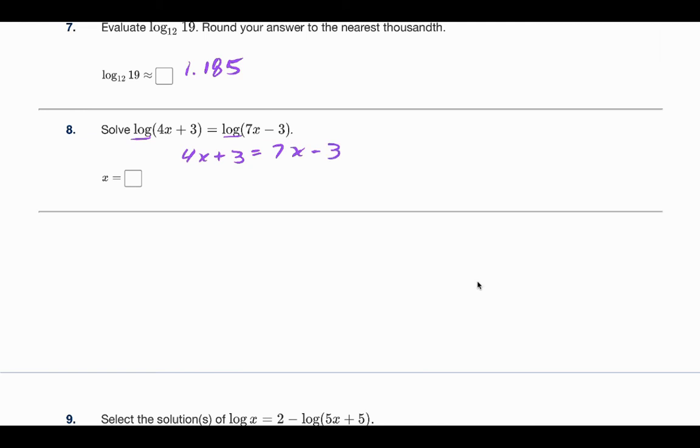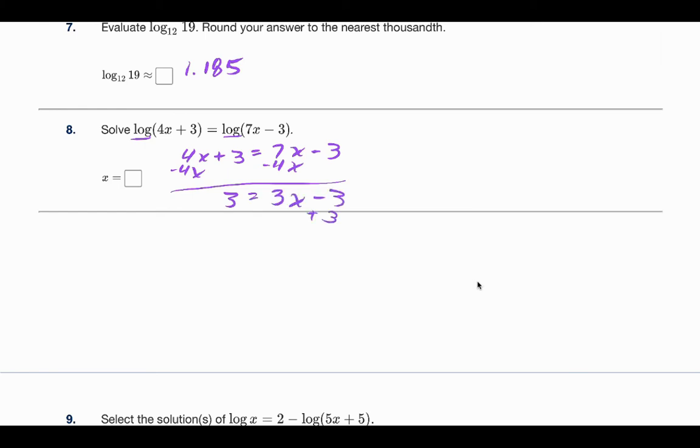All right, so now I'm going to subtract 4x. So that'll give us 3 is equal to 3x minus 3.